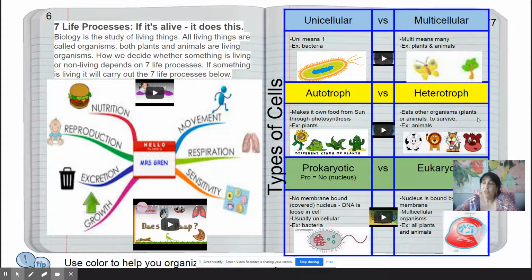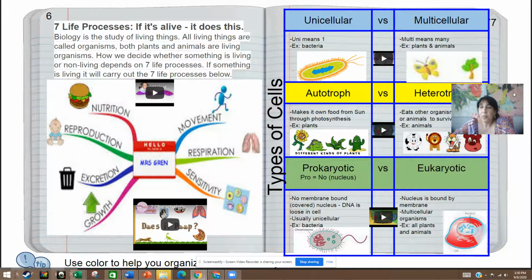The next set of words are prokaryotic versus eukaryotic. And you definitely covered these terms. Just to remind you, pro means no, and the no means these types of cells don't have an organized nucleus.